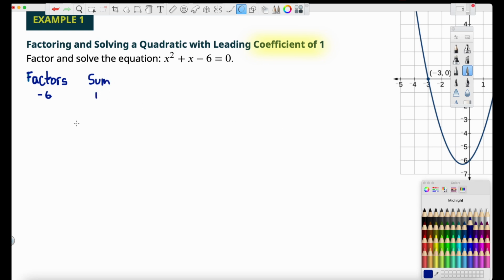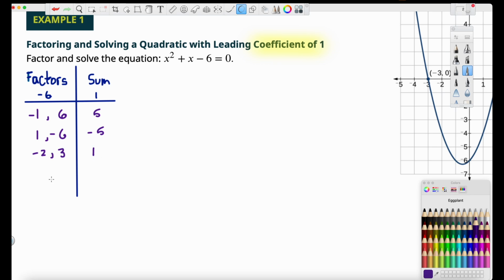Okay, so we know that when we multiply our binomial together and we do FOIL, the O and the I ends up being the sum of the factors that give us the L. So we could have a factor of -1 and 6, whose sum is 5, or factors of 1 and -6, whose sum is -5, factors of -2 and 3, whose sum is 1, and factors of 2 and -3, which is -1. So we are looking for the sum of 1. So that's going to be factors of -2 and 3.